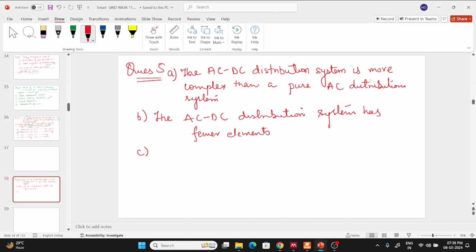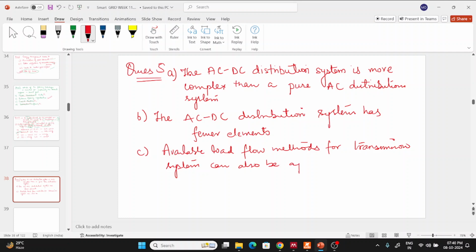C. Available load flow methods for transmission system can also be applied to AC-DC system.